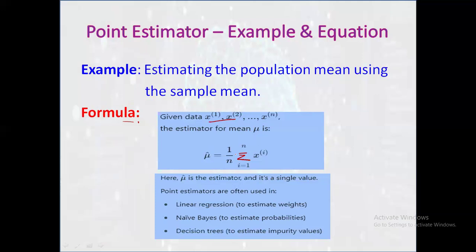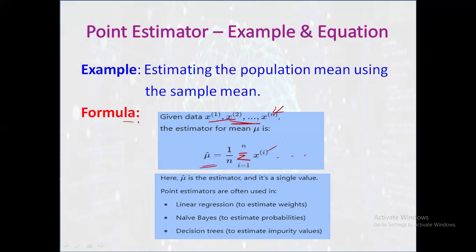The sample mean is calculated by adding all the values, x1 plus x2 plus x3 and so on, and dividing by the number of items, n. So the formula for the mean estimator is mu cap equals 1 by n times the summation of xi, where i varies from 1 to n.